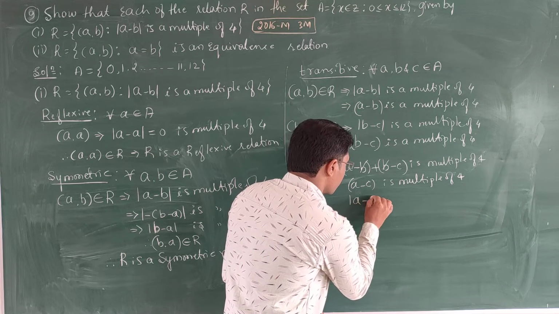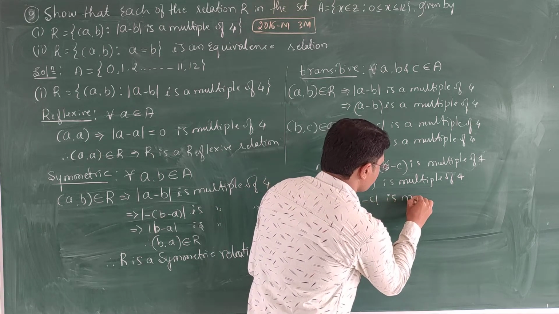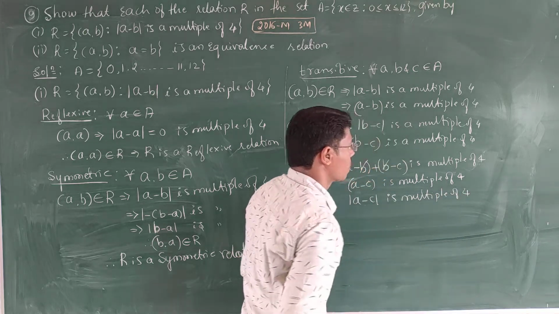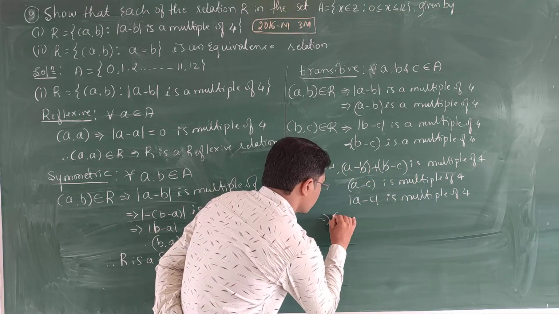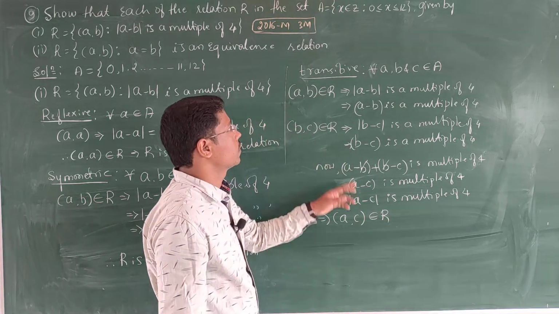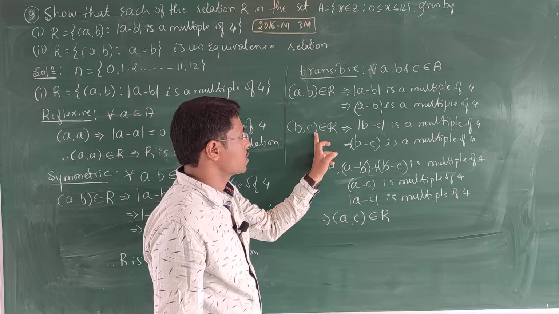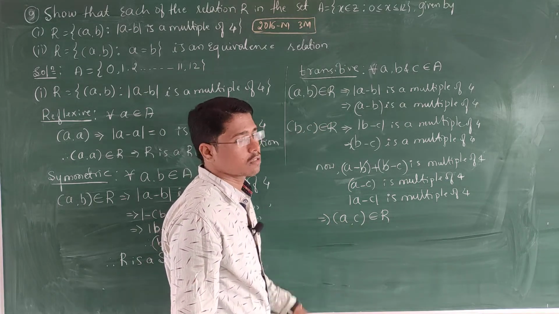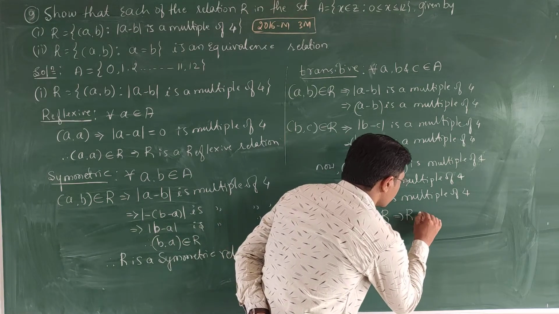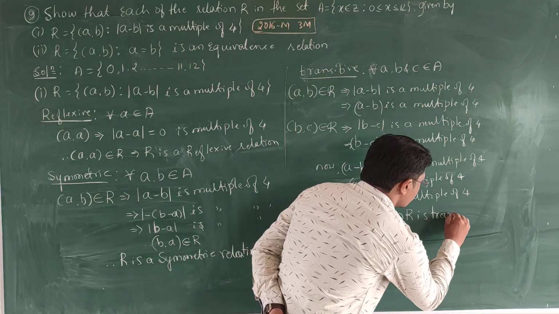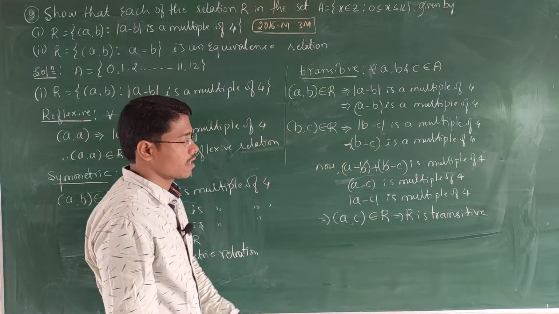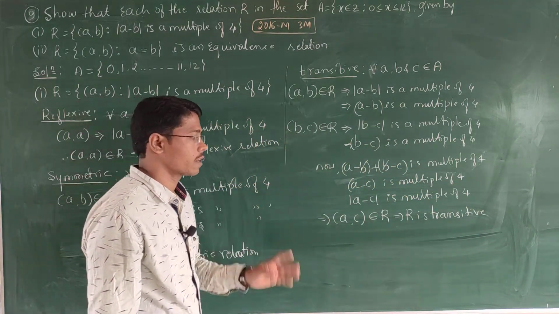Therefore |a - c| is a multiple of 4. This implies (a, c) belongs to R. So (a, b) belongs to R, (b, c) belongs to R, and now (a, c) also belongs to R. Therefore R is transitive.